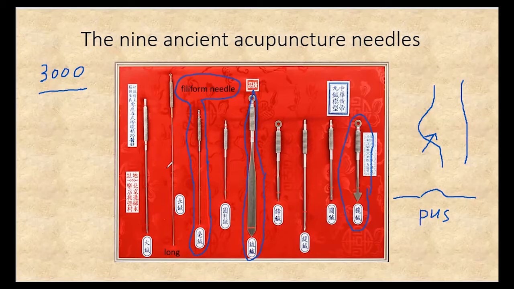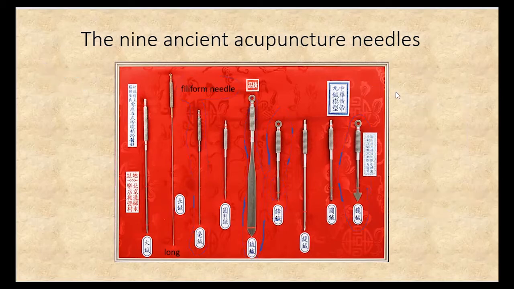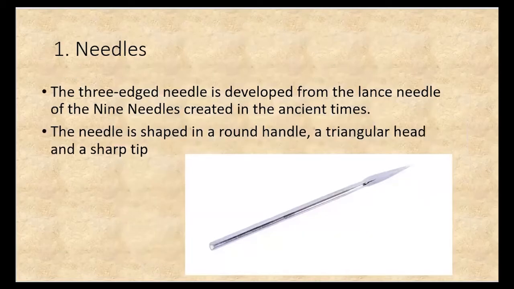Some needles we may still use, but in a different way. Like this one, it's kind of sharp on the top, but not that deep. Later on, from these kinds of needles, we got another form, the needle we call the 3-angle needle.